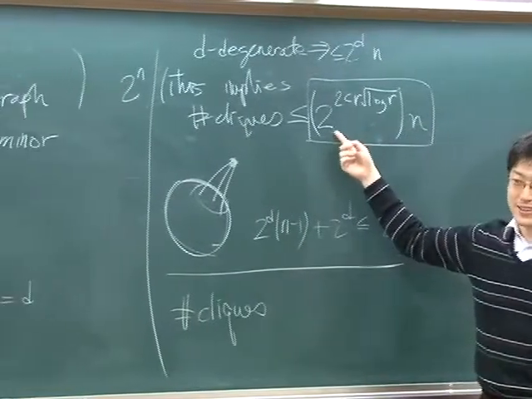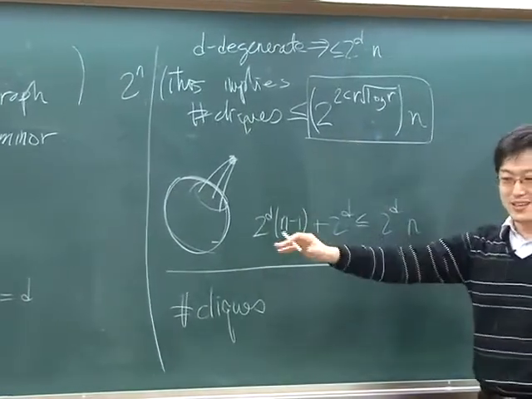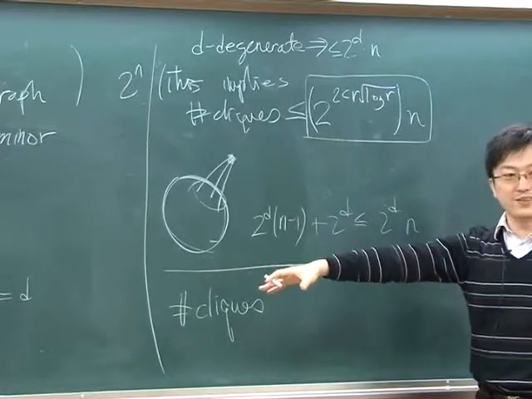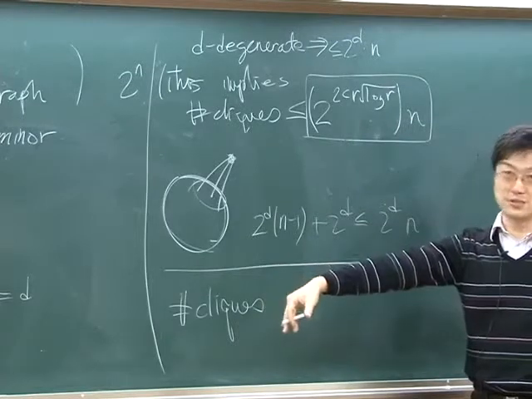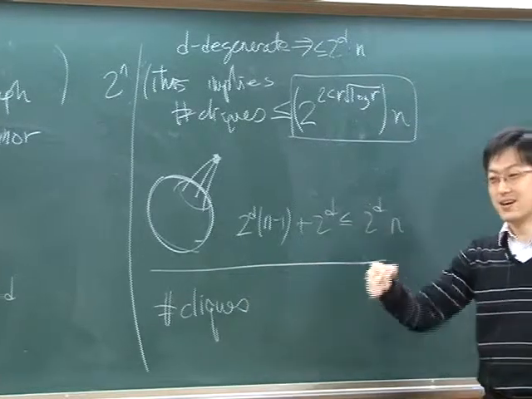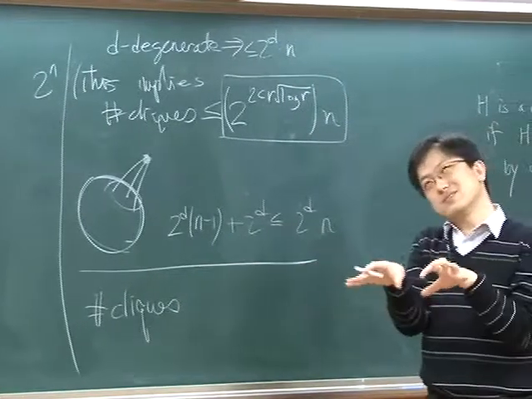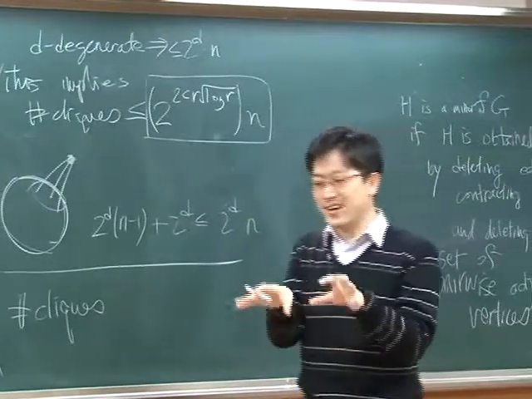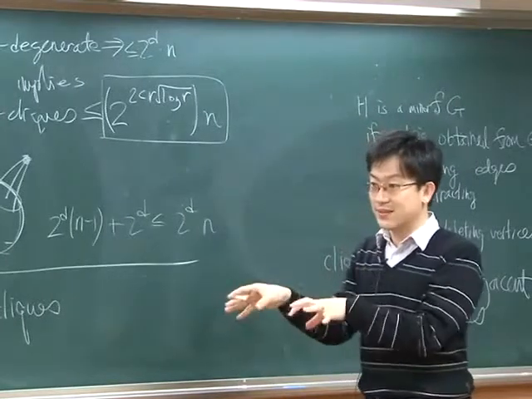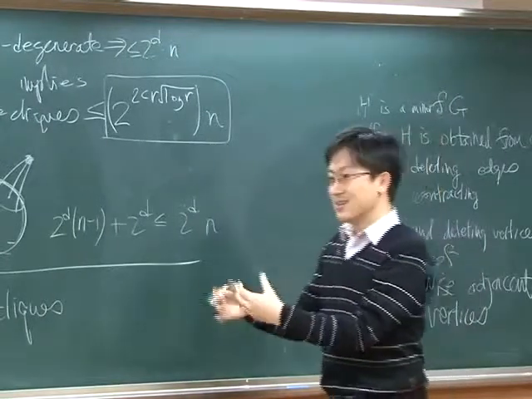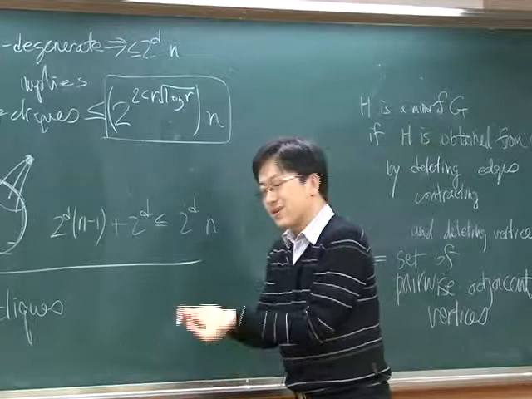We don't know any right bound. The lower bound is 2 to the constant times r times n. You can find an example of a K_r minor free graph where the number of cliques is 2 to the r times n. I don't know any graph where you have more cliques.